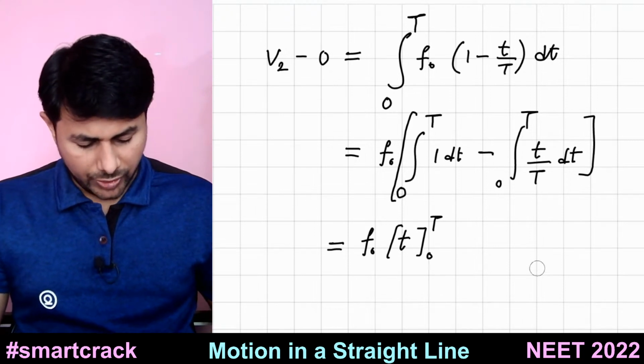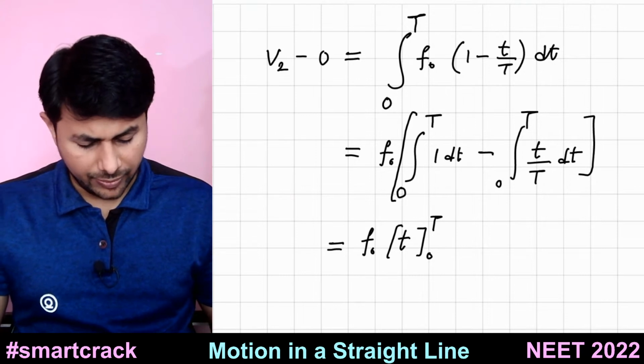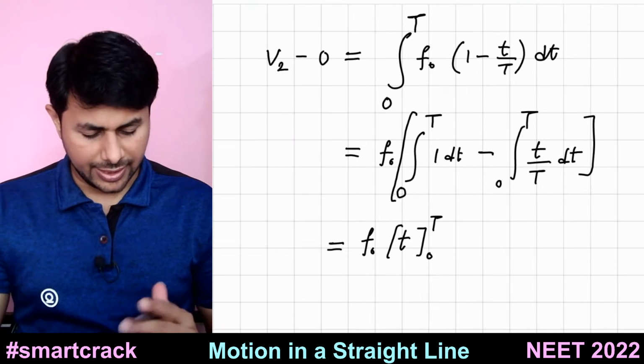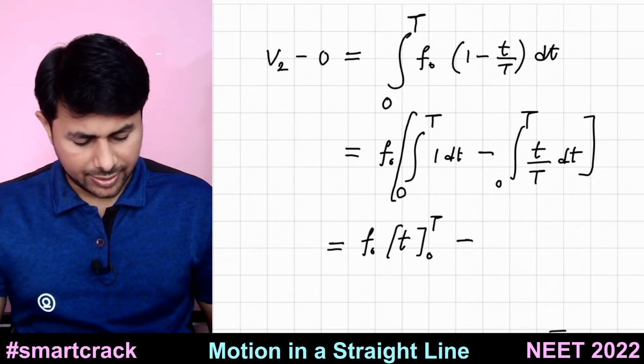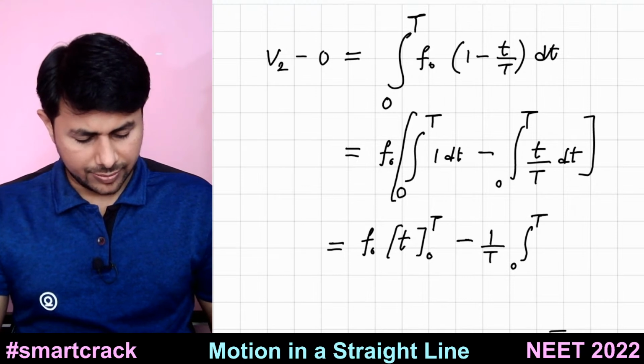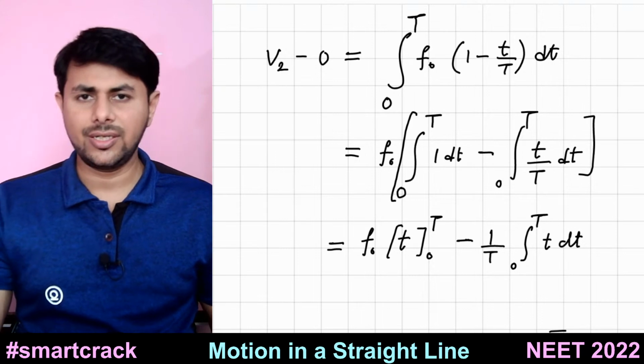And what about the other integral? Here again you have this capital T, which is constant. You can take that outside. So it is minus 1 by capital T integral from 0 to T of t dt. What is integral of t dt?